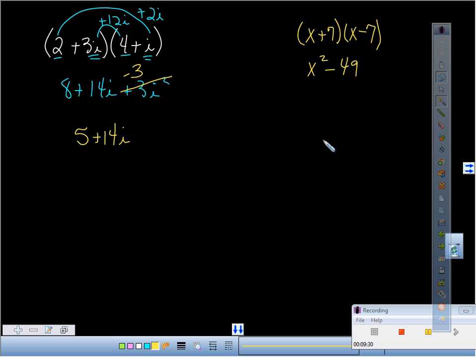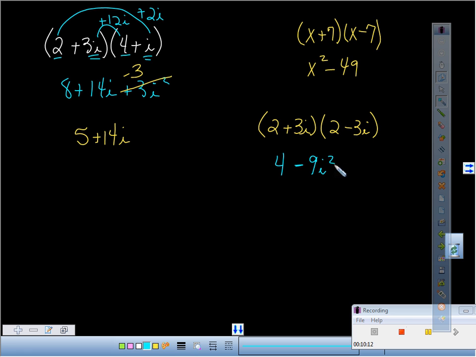So what happens if I multiply complex conjugates? Like, what if I multiplied 2 plus 3i times, what's its conjugate? 2 minus 3i. Okay? Do the inners and the outers still disappear? Yes, they do. Plus 6i, minus 6i. So can I still go square the first, 4, minus square the last, and what do you get? 9i squared.